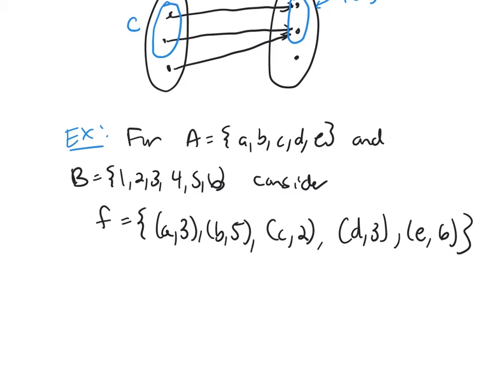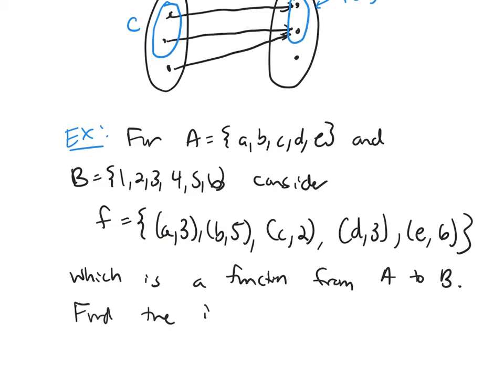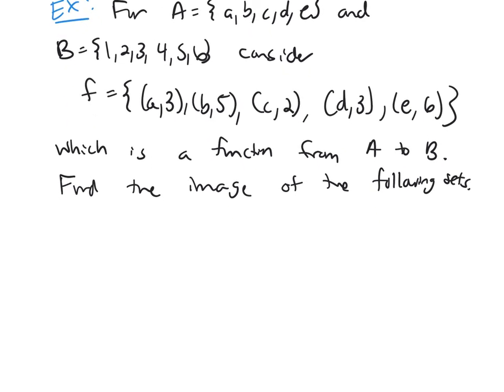Consider f, which is a function from A to B, and I want you to find the image of the following sets. C1: a, b, and c.